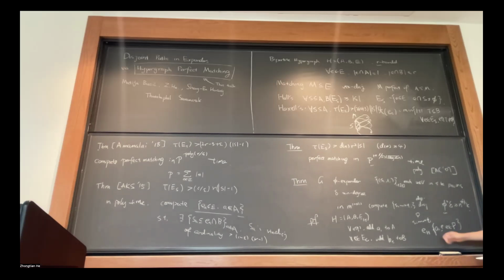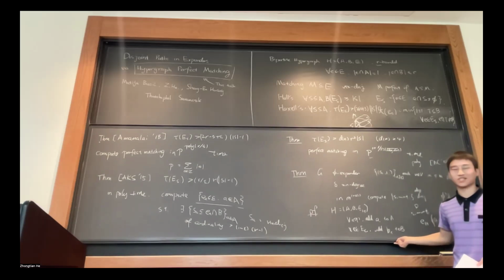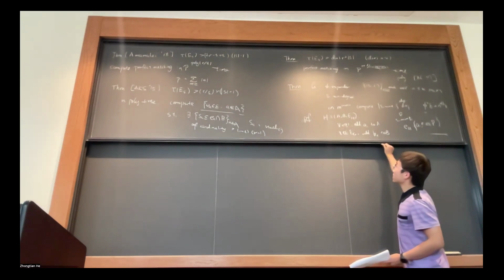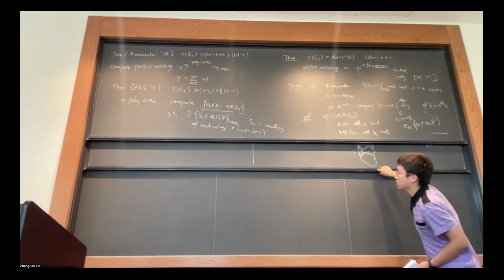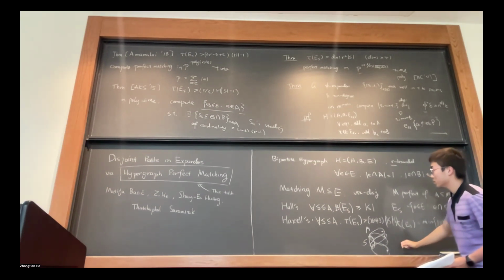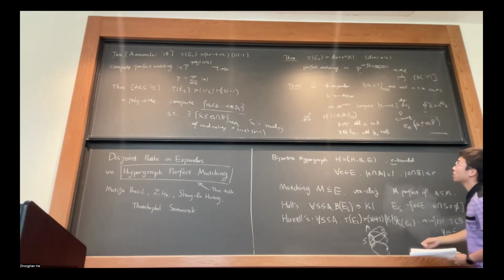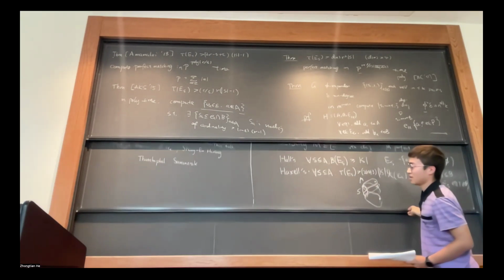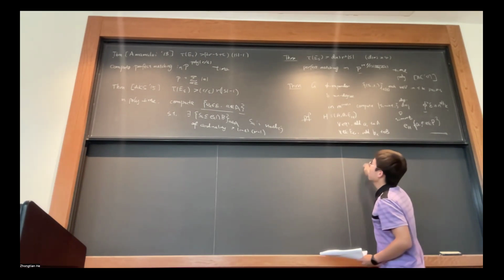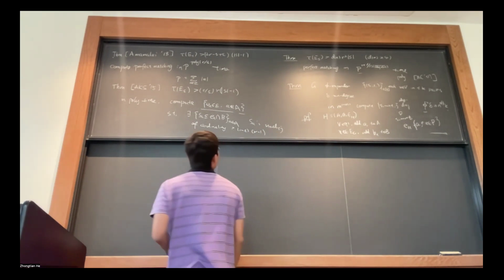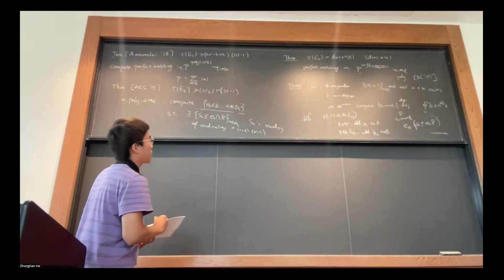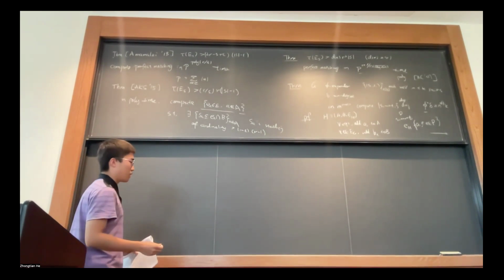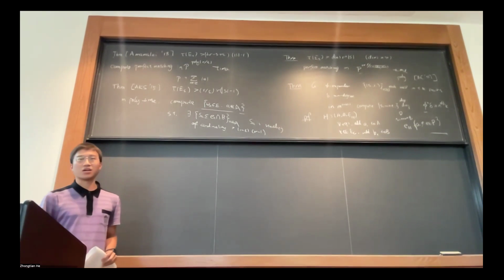Okay, so then let's get back to the hypergraph perfect matching algorithm and ignore the graph applications. Now let's consider how to find an alternating path.